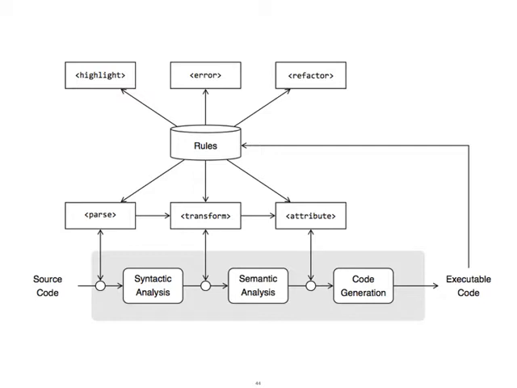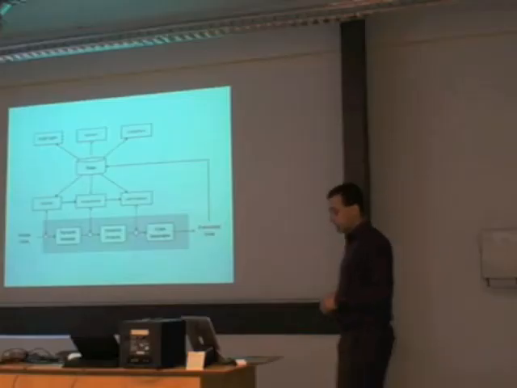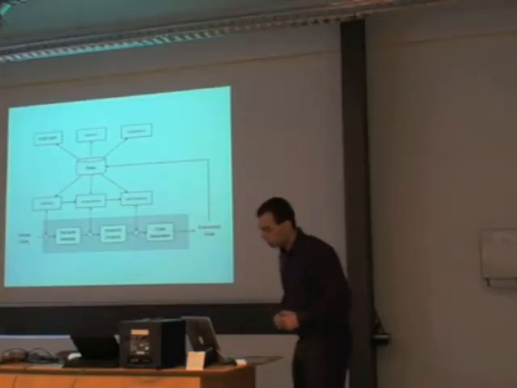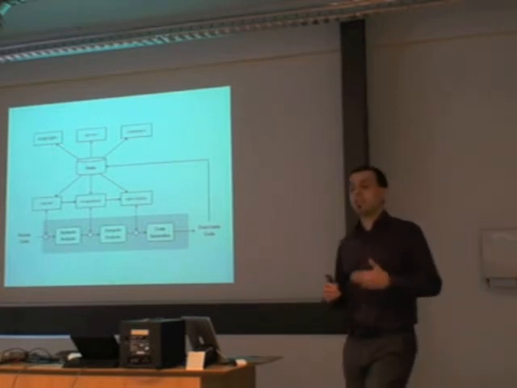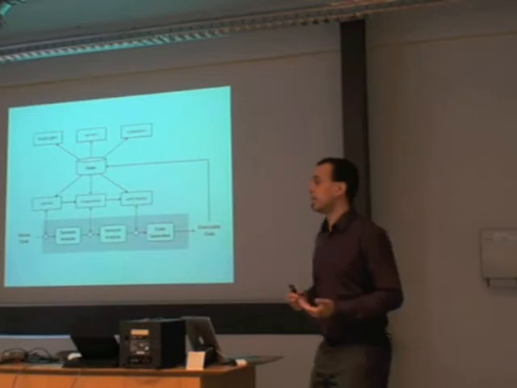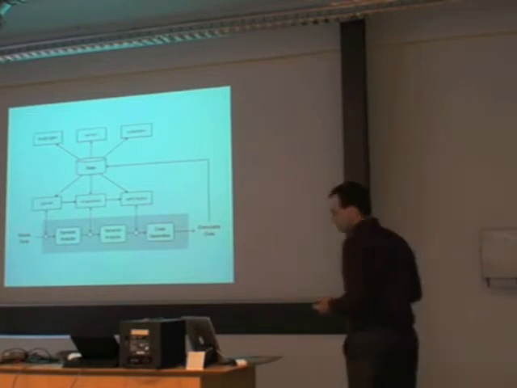So for example, we support custom syntax highlighting, custom error reporting. We can even support custom refactorings for a specific language. We can support auto-completion, code folding, contextual actions, basically anything that you expect from a dedicated IDE.